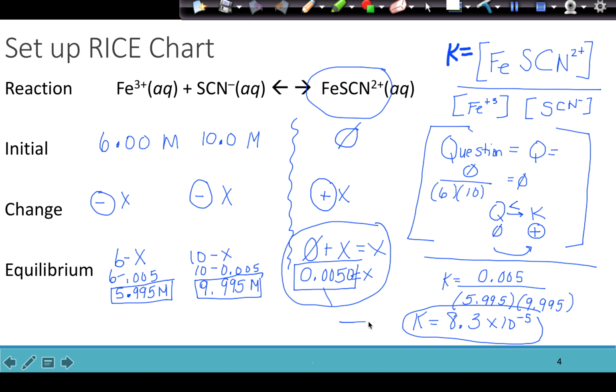And remember that this K can be called K, it can be called Kc, or it can be called KEQ. Any of those designations would tell us that we'd be putting products over reactants, raising them to the power of the coefficients.